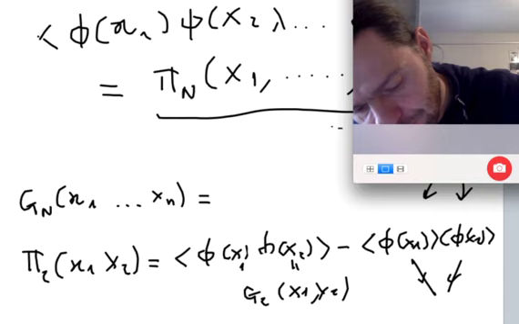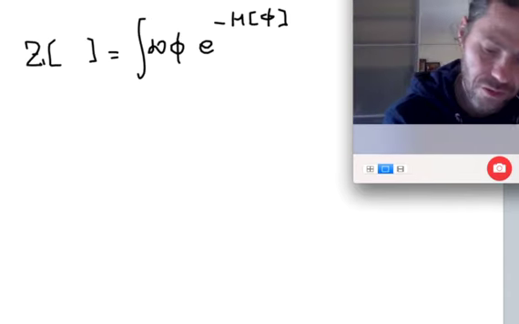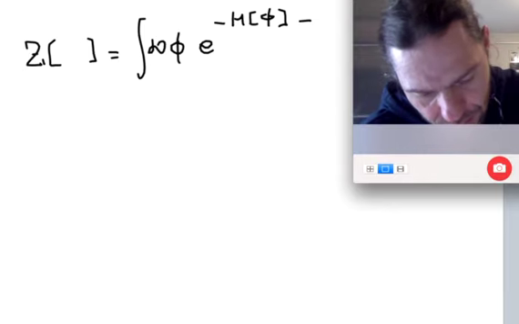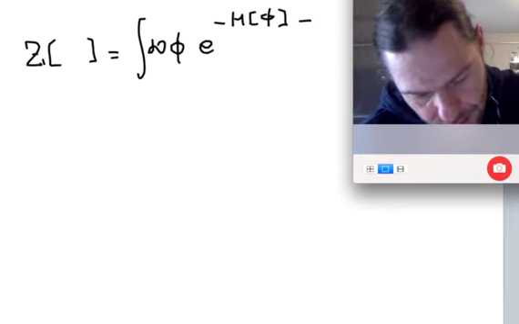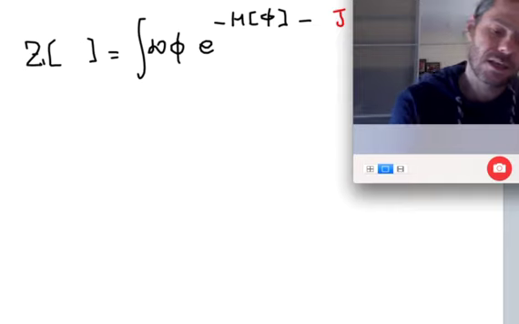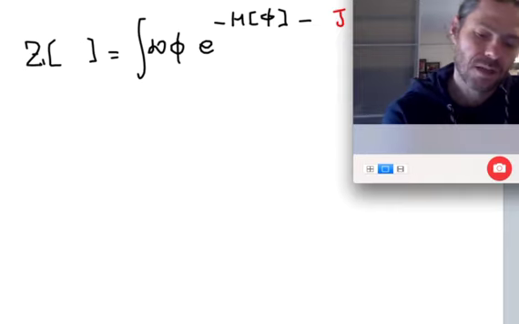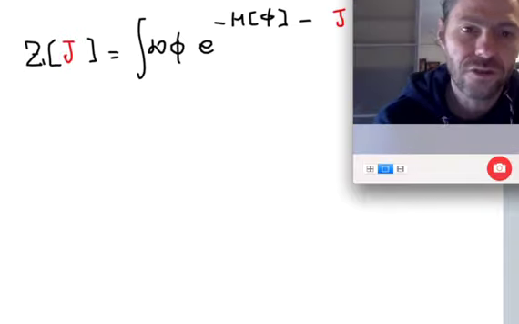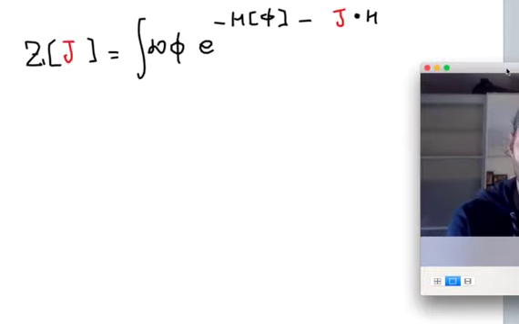It's the partition function of the system in which I have added a term that contains an external source, and I'm considering the partition function as a function of the external sources.